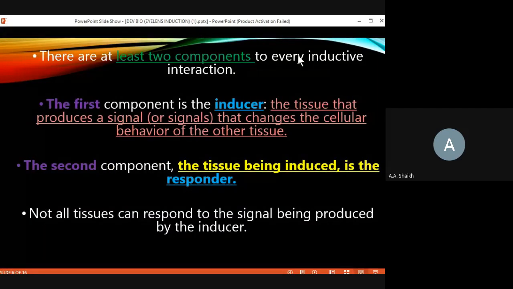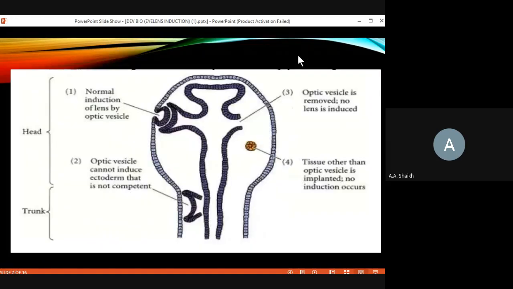One more thing. In lens induction, the initial inducer is the optic vesicle. The optic vesicle is present in the complete lens induction process and works as the initial inducer. That is very important. Write it down in your books: optic vesicle, the name is given here in this image.